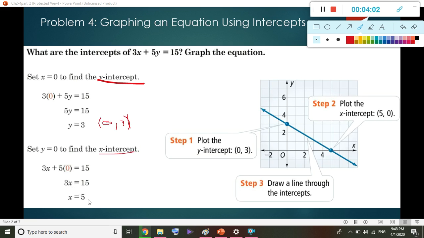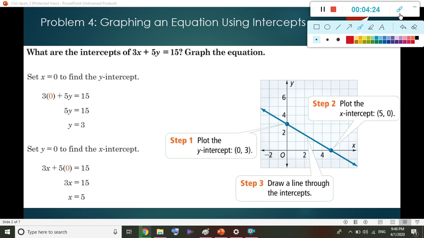So we have x equals 5, which is (5, 0) as we got. This is a 0, girls. And then they plotted them on the graph as (5, 0) and (0, 3). Then they made a line through these 2 points.